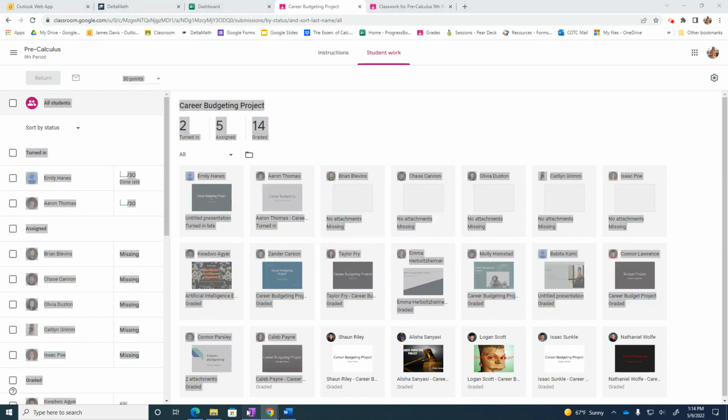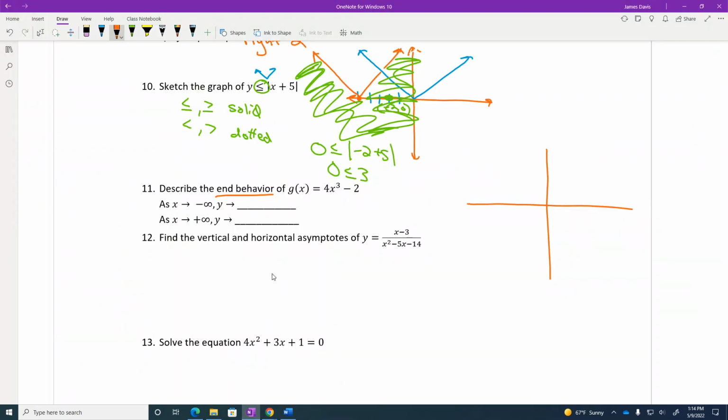Let's go ahead and flip back here. So the end behavior, again, you're just going to need to know this chart. Let's say this was 4x cubed. We're just going to be looking at the biggest term. How we would describe this is being positive, because the number in front is positive, and this is an odd power. Power is odd, and the coefficient there is positive.